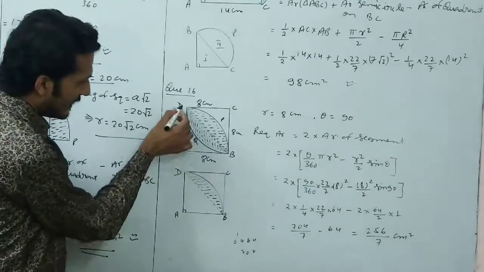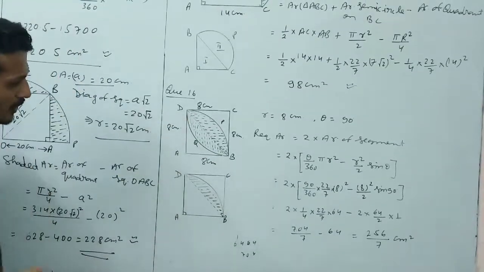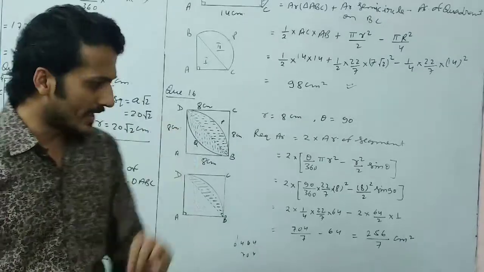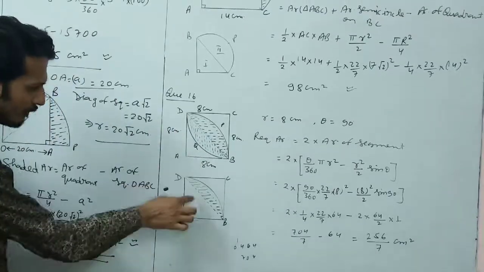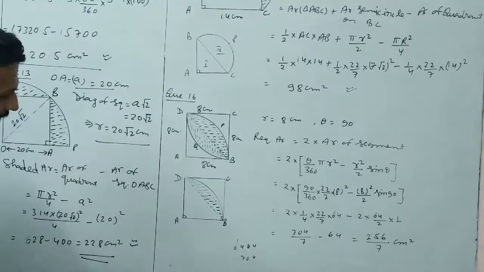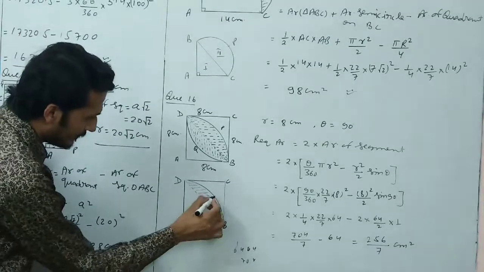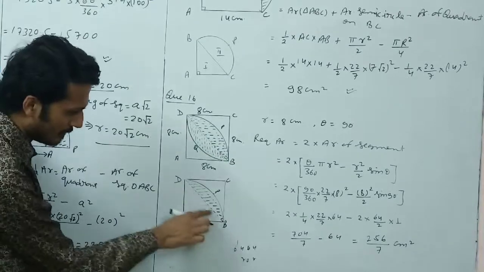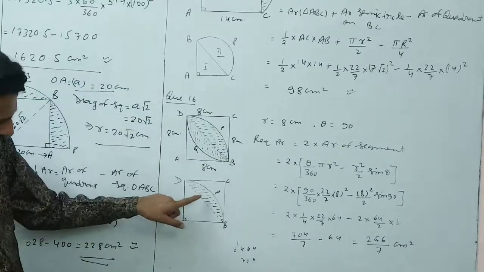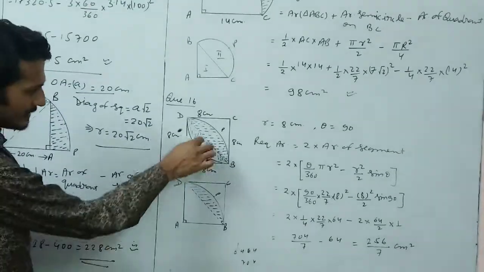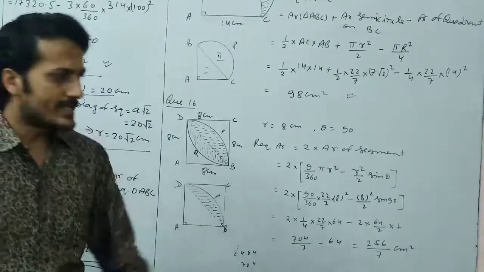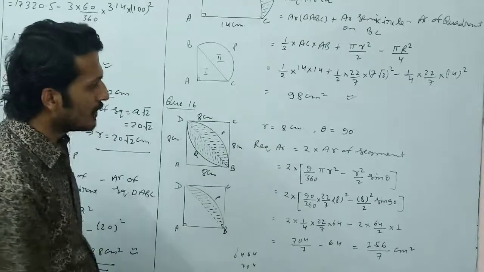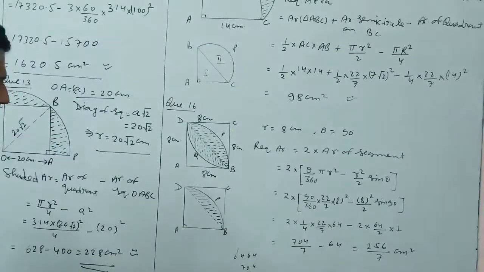So by joining BD, we can observe that this shaded part is divided into two segments. For the convenience, I have drawn the supplementary figure here, that we can consider that this ABPD is a quadrant. By joining BD, we can observe that this is a segment, and in this figure we have two same segments. So required area will become 2 into area of segment.